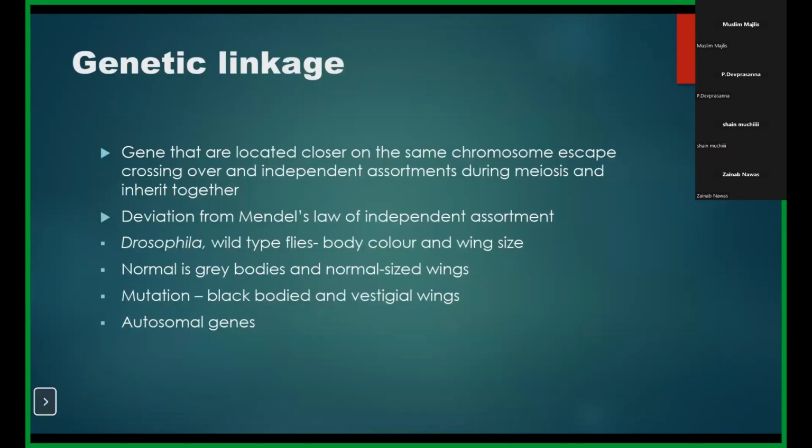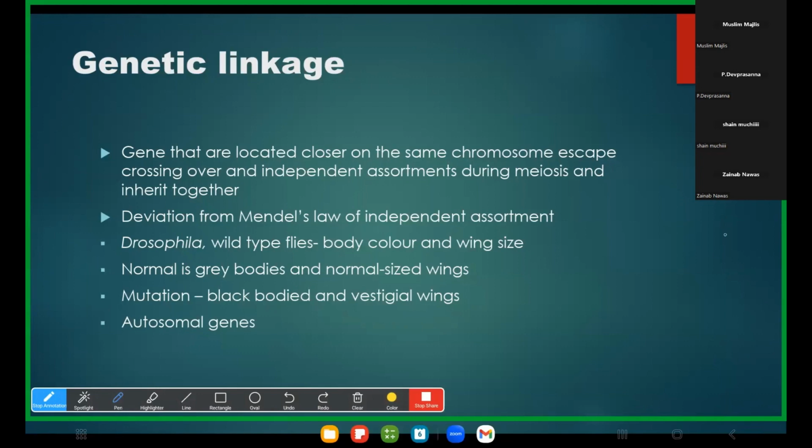And then we have genetic linkage. Genetic linkage is where we have genes that are located closer on the same chromosome that would escape crossing over and independent assortment during meiosis and inherit together.